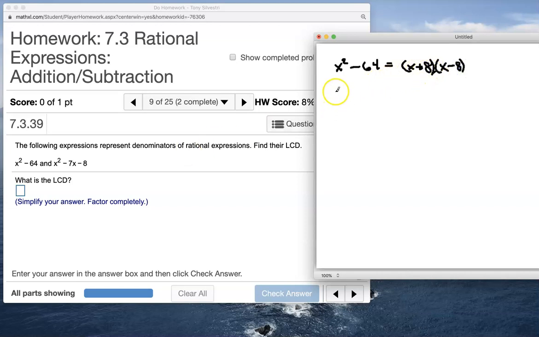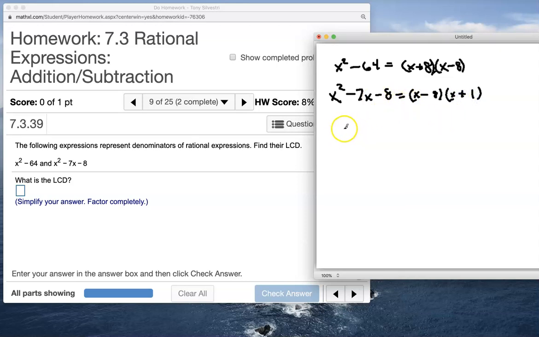And then the bottom guy, this guy right over here, x squared minus 7x minus 8. Well, I have to factor that. And I think at this point, let me just give you the answer because you know how to do this. x minus 8, x plus 1. Okay, that'll certainly multiply out.